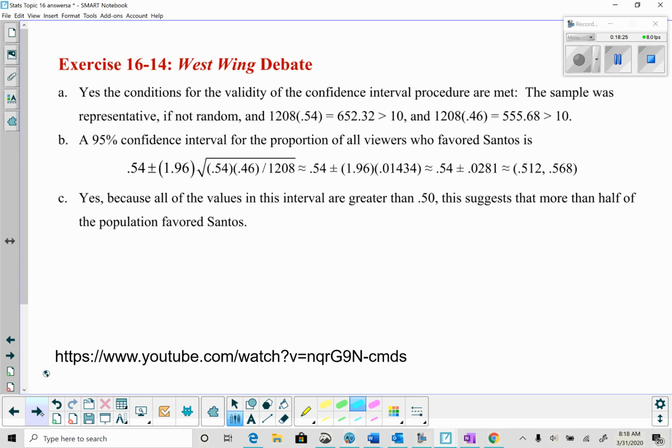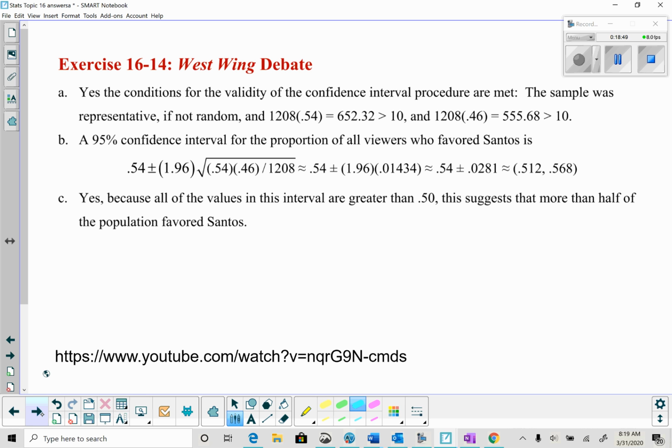The sample was conducted online and wasn't random, but the company made an effort to make the 1,208 responses representative. Just acknowledge the fact that it wasn't a simple random sample. But in this case, maybe that's not a bad thing entirely.